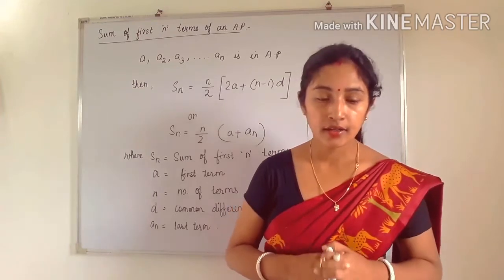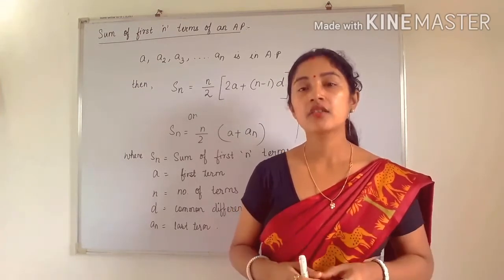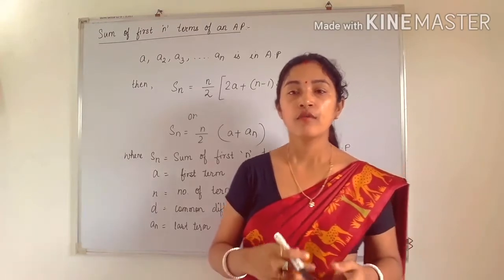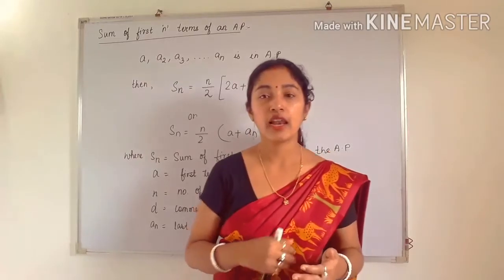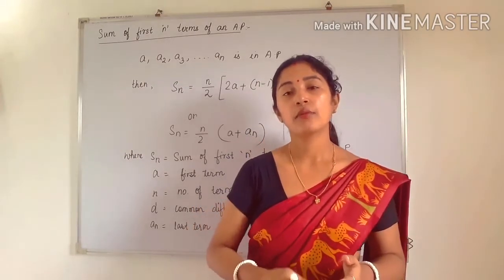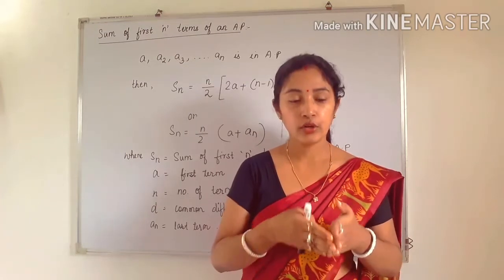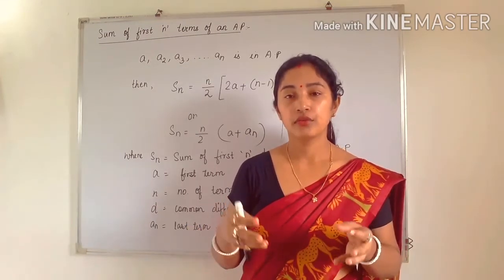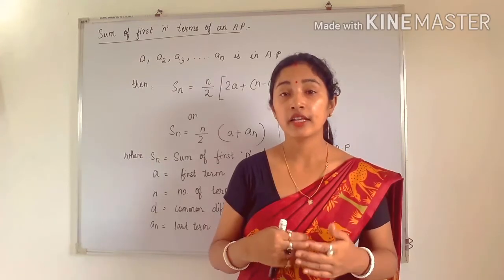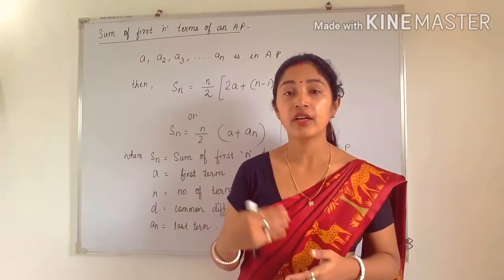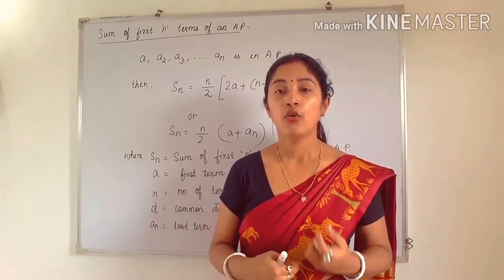Okay, and there is a special case of this. Already I told you, there are many examples of arithmetic progression, like your roll number. Your roll number starts from 1, so it will go on. So we can say the roll number follows the pattern of a natural number, because natural number also starts from 1.